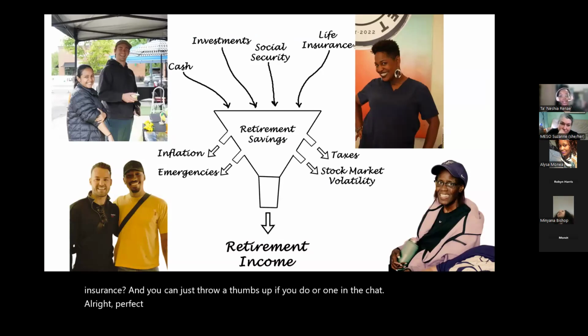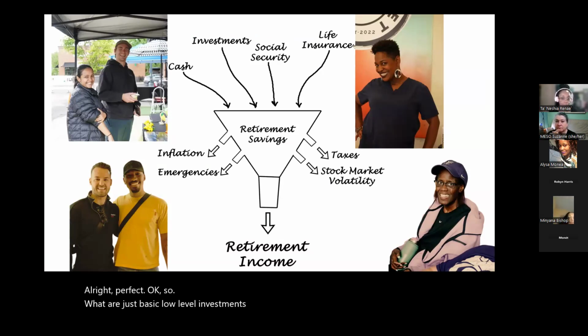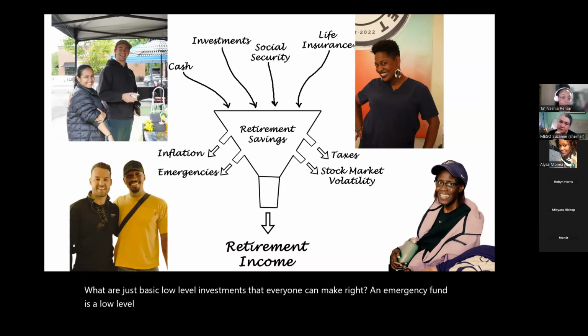Perfect. Okay. So what are just basic low-level investments that everyone can make? An emergency fund is a low-level investment. You can control it. I mean, cash under the mattress, a savings account, insurance to kind of just CYA, cover your butt, type thing.